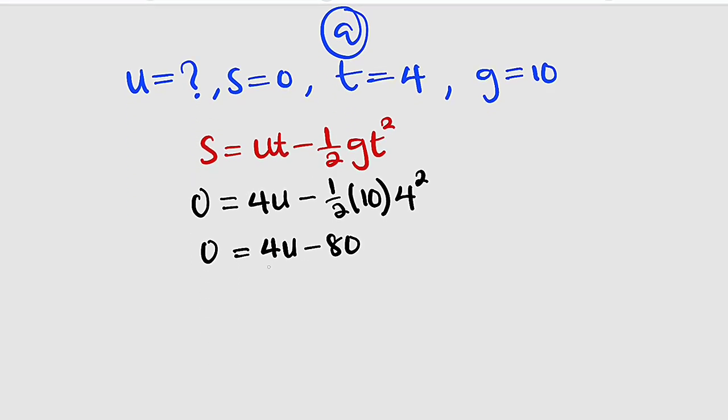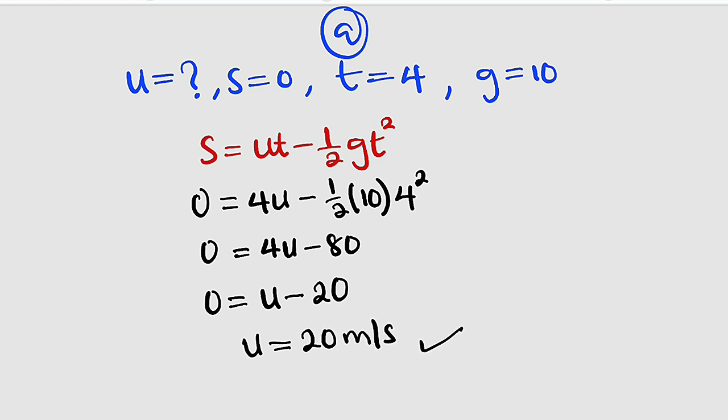Divide every single term by 4. 0 divided by 4 is 0. 4u divided by 4 is u. 80 divided by 4 is going to give us 20. And if you take this negative 20 to the other side, it becomes positive. You have u equal to 0 plus 20, which is still 20. And the unit is what? Meters per second. We are done with the first question.